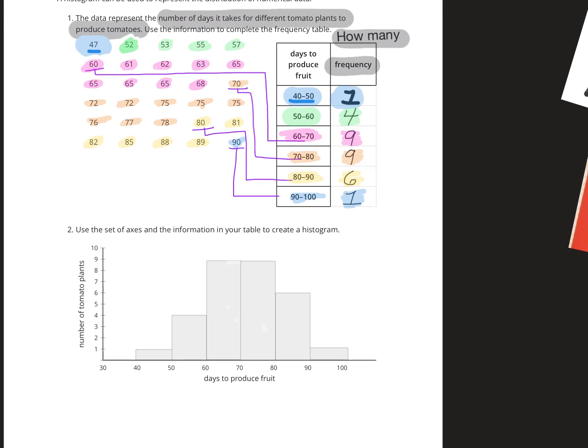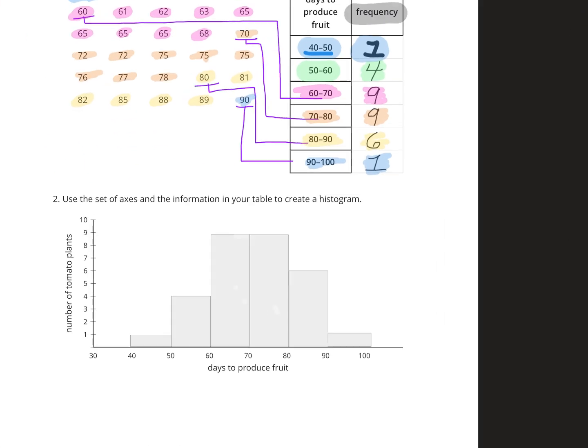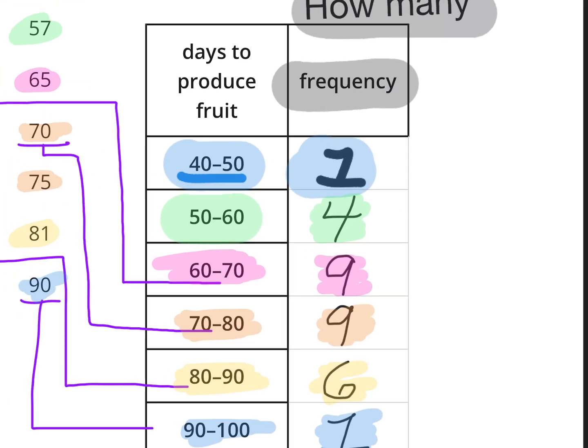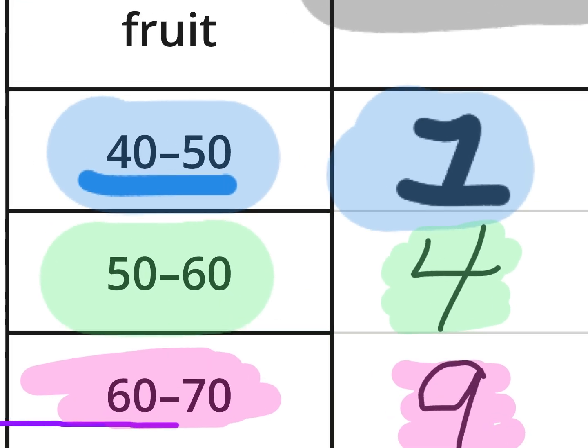So we've gone ahead and drawn the bars that represent each piece of data here. And so you'll notice that your first interval was between 40 and 50. And the frequency for our interval of 40 and 50 was 1.